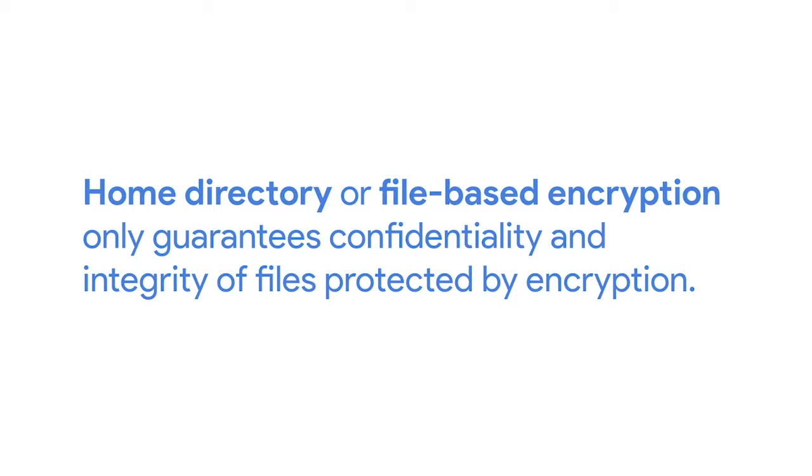You should compare full disk encryption against file-based encryption. That's where only some files or folders are encrypted and not the entire disk. This is usually implemented as home directory encryption. It serves a slightly different purpose compared to FDE. Home directory or file-based encryption only guarantees confidentiality and integrity of files protected by encryption. These setups usually don't encrypt system files because there are often compromises between security and usability. When the whole disk isn't encrypted, it's possible to remotely reboot a machine without being locked out.